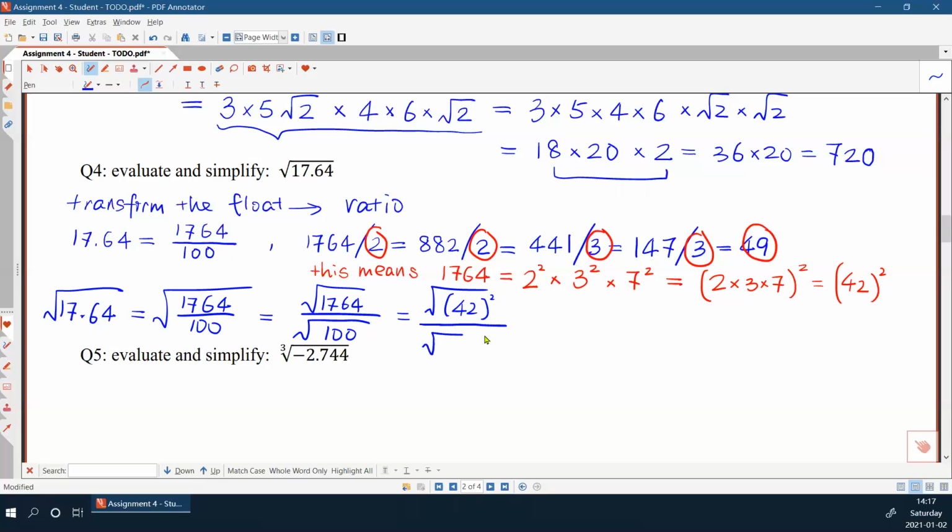And 100 is 10 square. I don't put the brackets here. So now we can put 42 out of the square root sign and 10 out of the square root sign, which gives us the final result of 4.2. Okay, any questions?